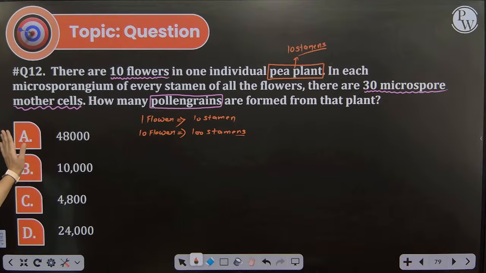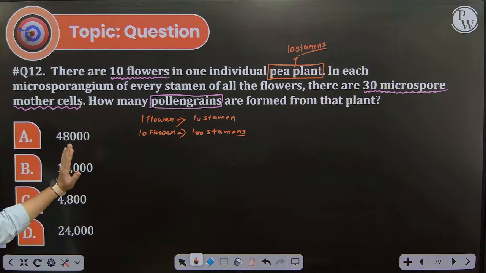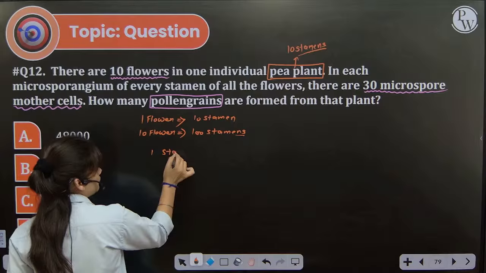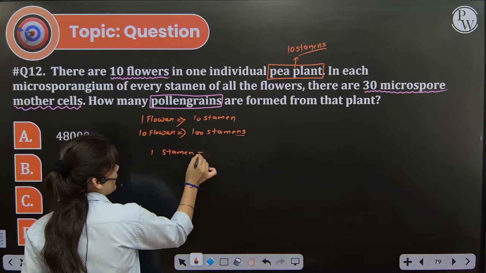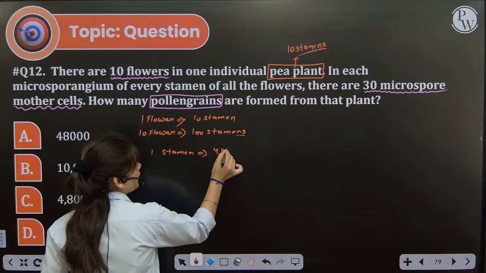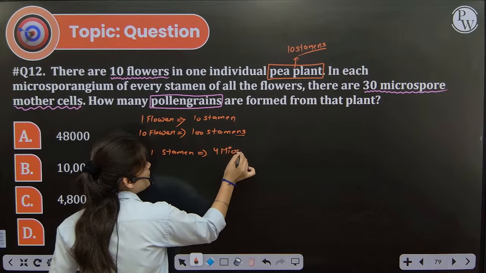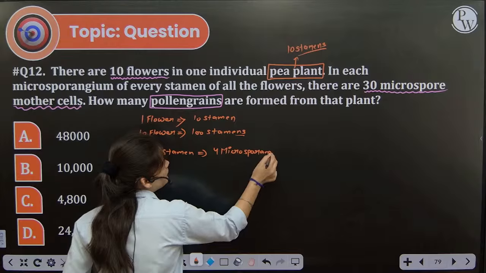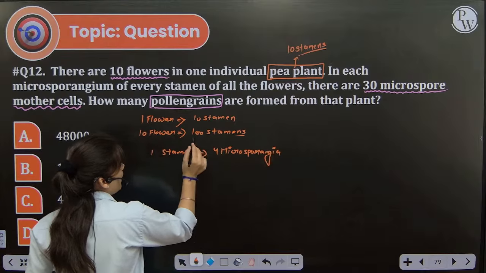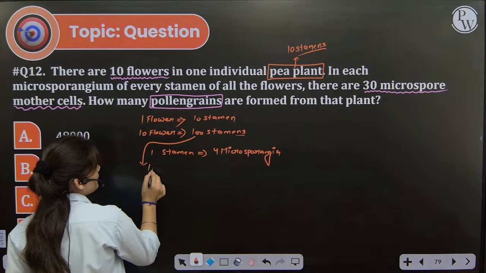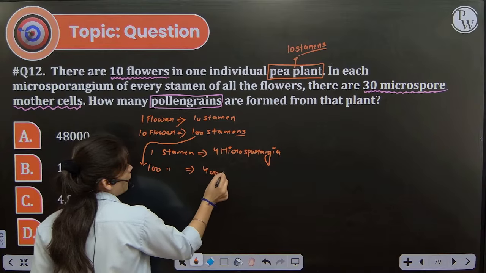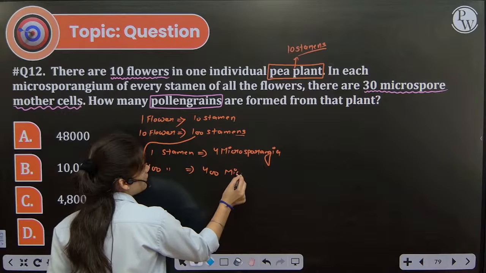Okay, it's clear. Then what is given? In each microsporangium of every stamen, there are 30 microspore mother cells. We know in one stamen there are 4 microsporangia. Then what about these 100 stamens? 100 stamens have 400 microsporangia.